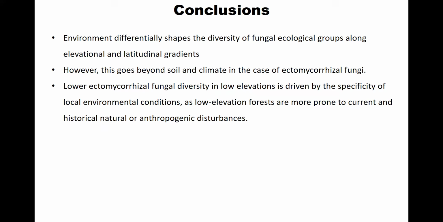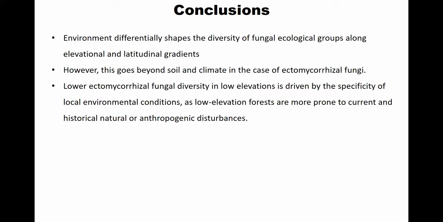In other words, if there was no human pressure, we expect that the ectomycorrhizal fungi would show decreasing richness along the elevation, but we think that these lower elevational forests that are under high anthropogenic pressures have decreased diversity, and therefore we see this hump shape.